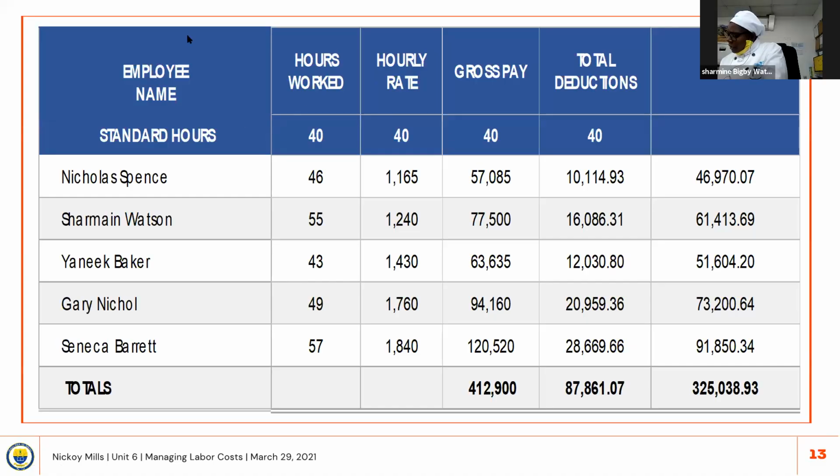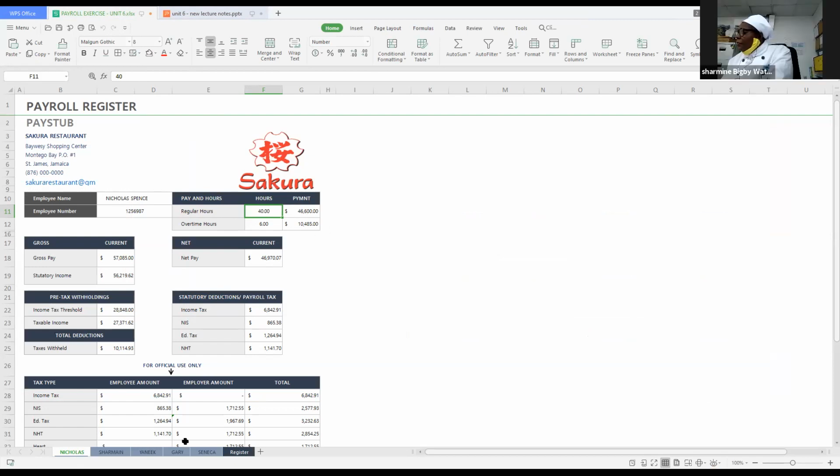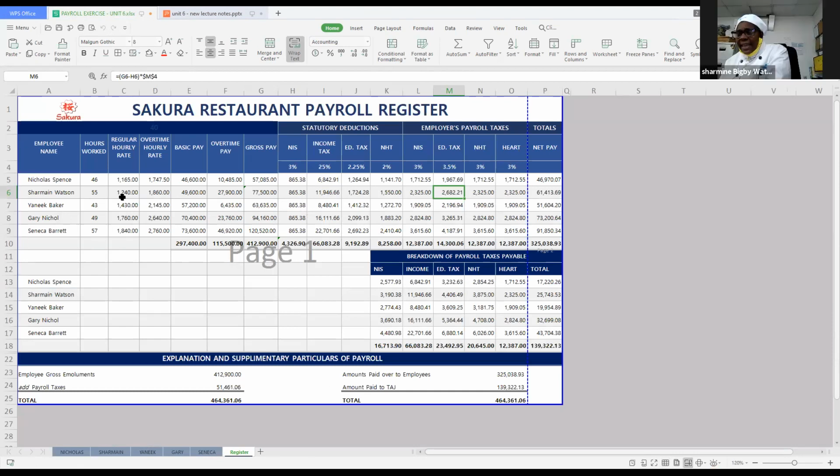Yes, so the basic wage would be 40 hours at $1,170, and that is 46,800.